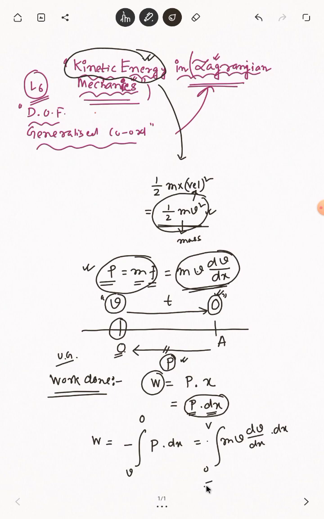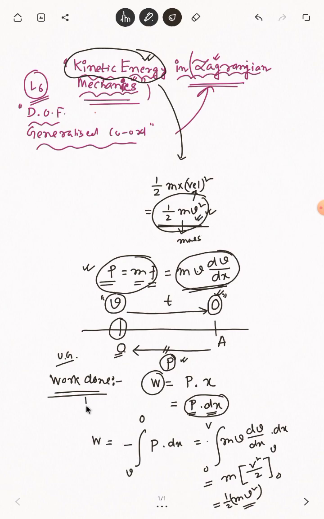So ultimately this becomes m into V square by 2 from 0 to V, and that ultimately becomes mv square with half outside.